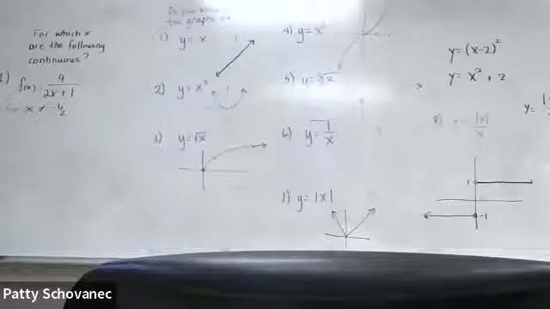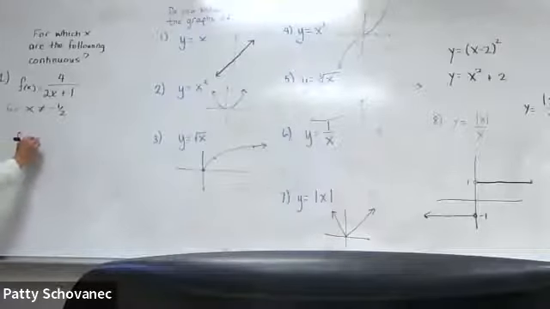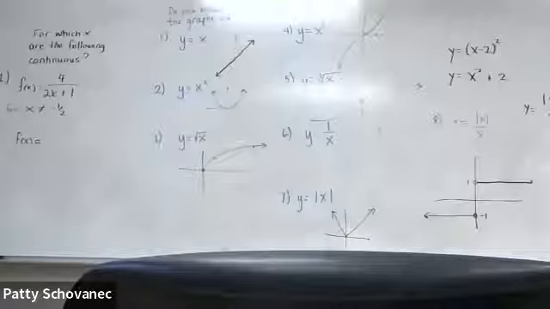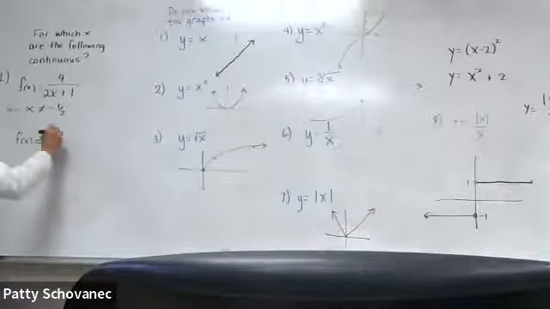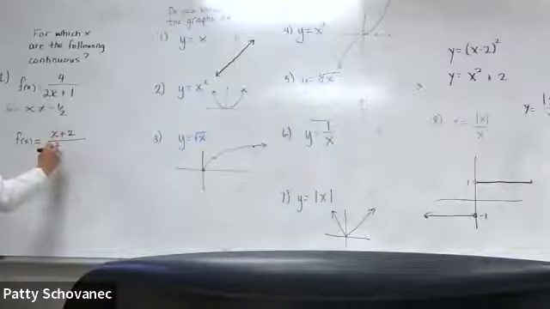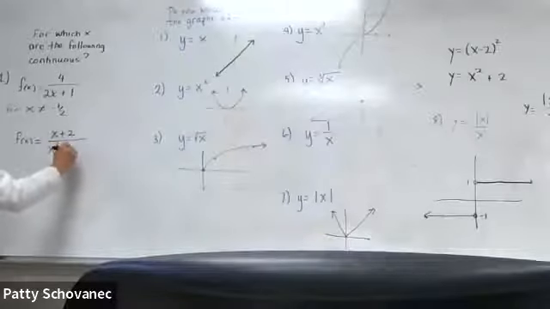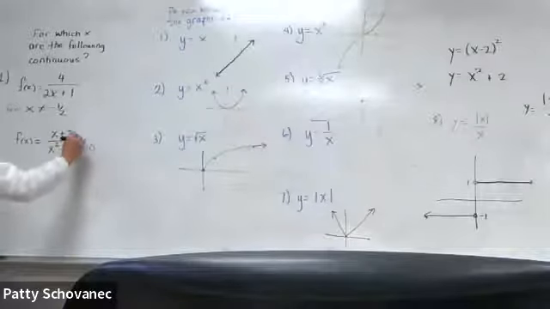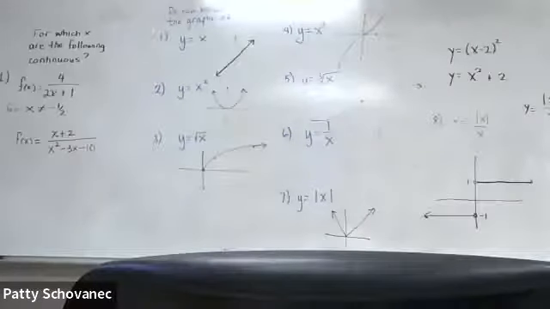All right, what about this one? x plus 2 on the top, x squared minus 3x minus 10 on the bottom.